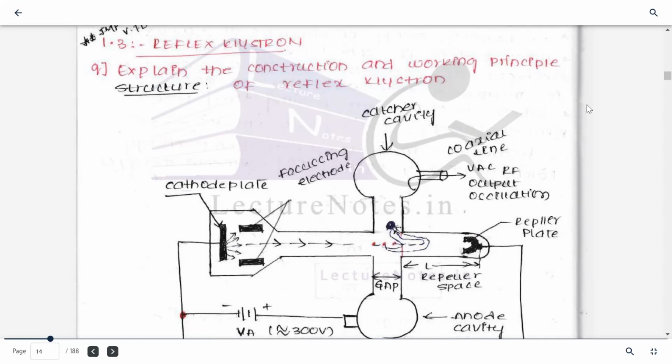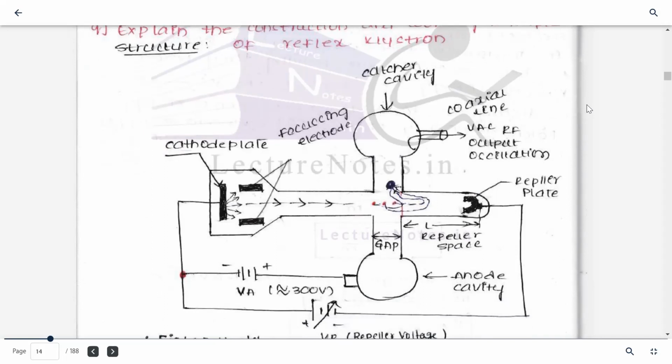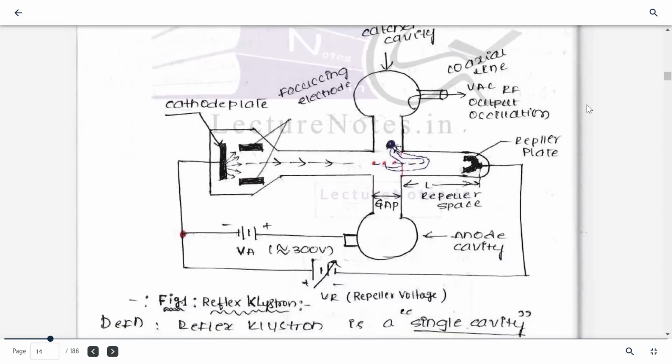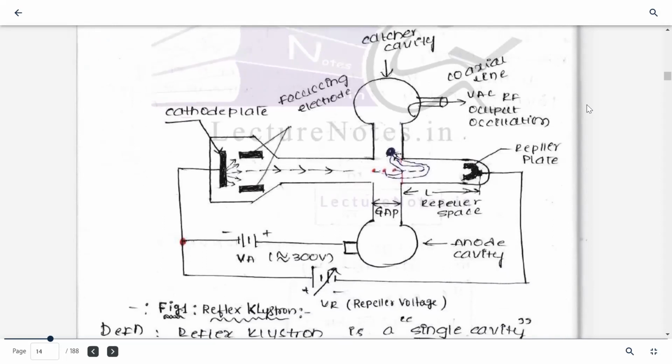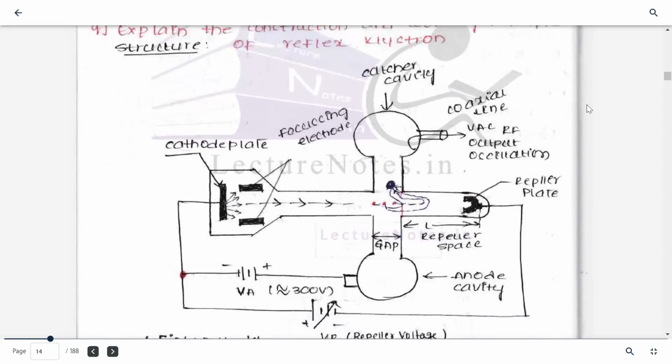As you see in the figure, first we discuss the construction of the reflex klystron. It consists of a catcher and anode cavity. Focusing electrodes are here.